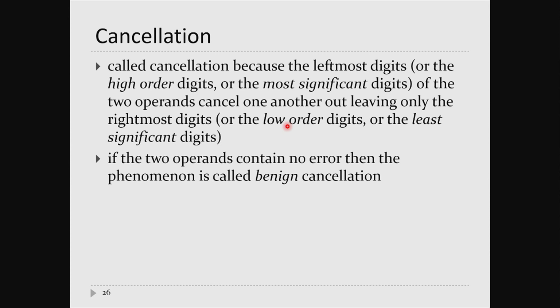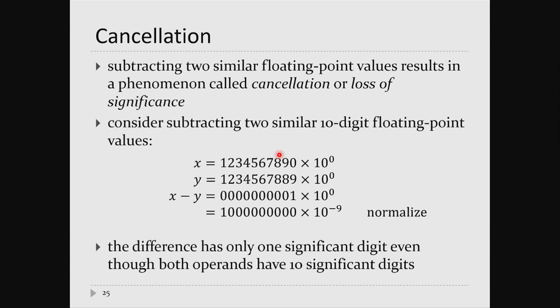They're the ones that matter the most in the final value of the answer, because they have the largest magnitude. The digits on the right-hand side are called the low-order digits or the least significant digits. Notice when I do the difference, I'm stuck with the least significant digit. All I get is the digit that mattered the least in the final answer.